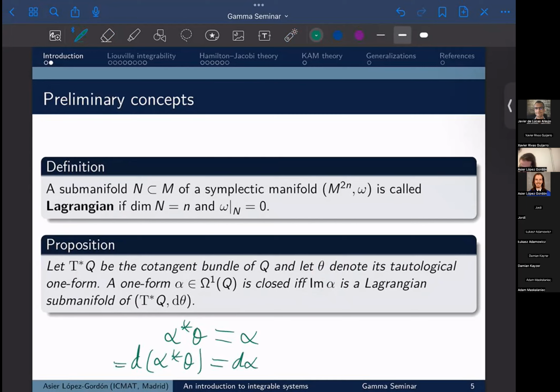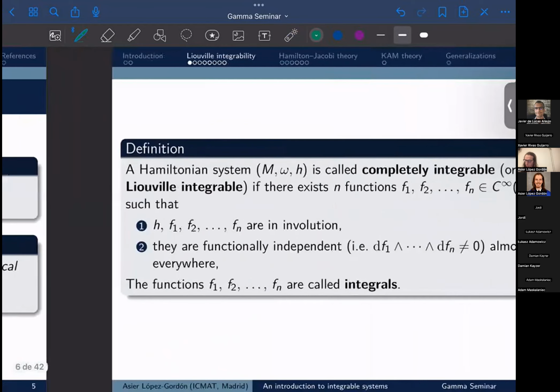But as I said, this pullback and this exterior derivative commute, so we can also write it this way, and this is our symplectic form omega or minus omega, depending on the sign convention that you use. And this expression on the left you can also write as omega restricted to the image of alpha. So, well, this proposition follows from there. Basically, you only have to use the definition of the tautological one-form.